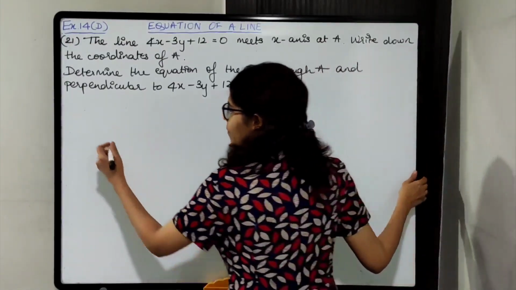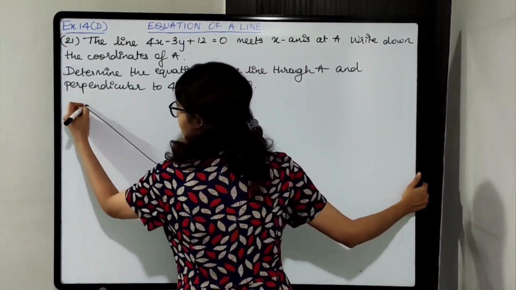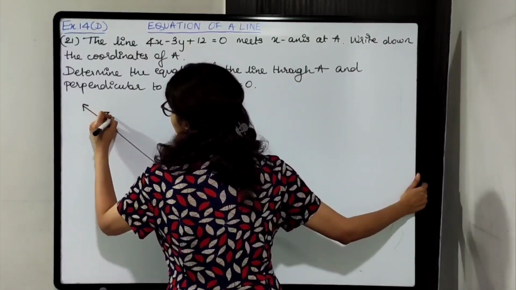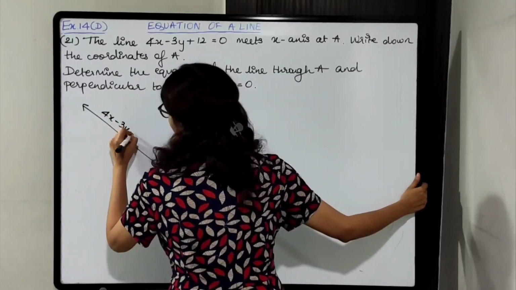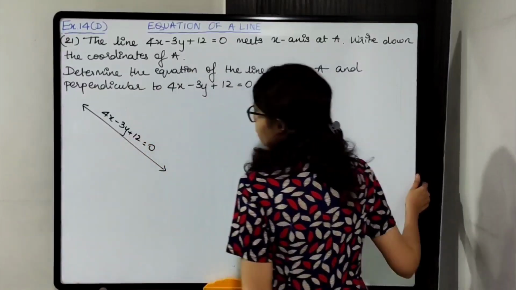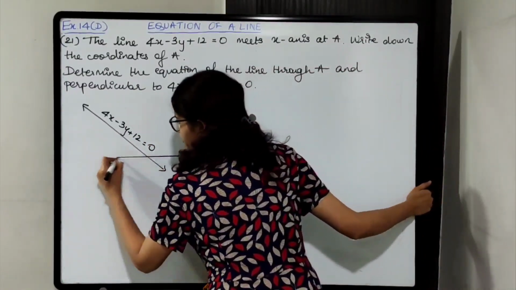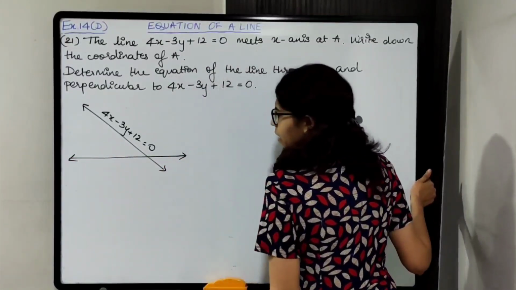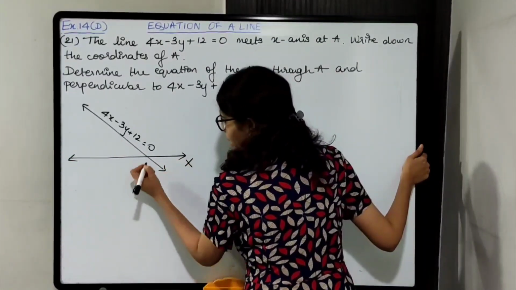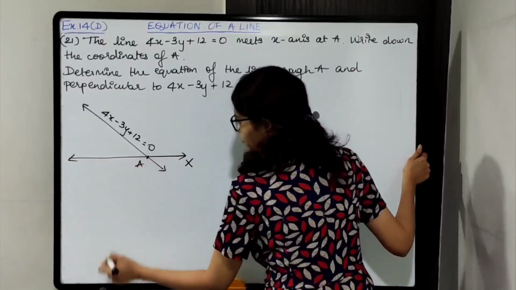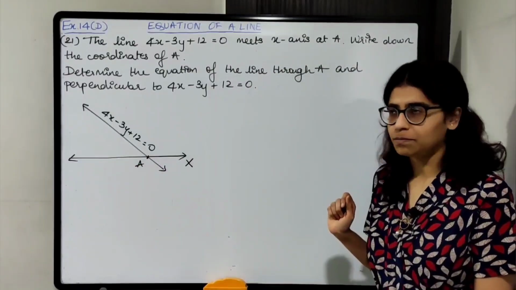So there is some line whose equation is 4x minus 3y plus 12 equal to 0 and it is meeting x-axis. So it is meeting x-axis at point A. Okay.